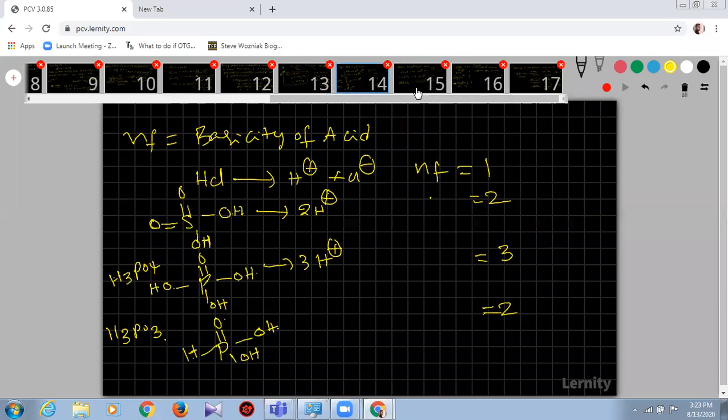Take down this n factor of bases. Okay, I'm going to the next slide.